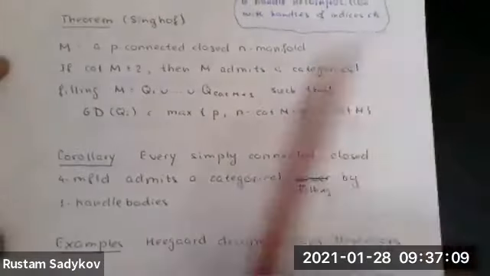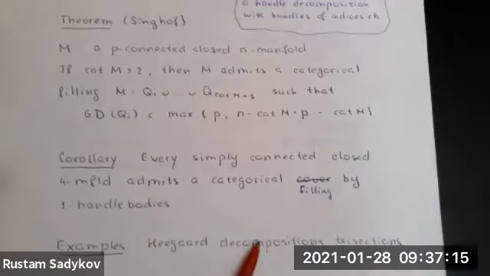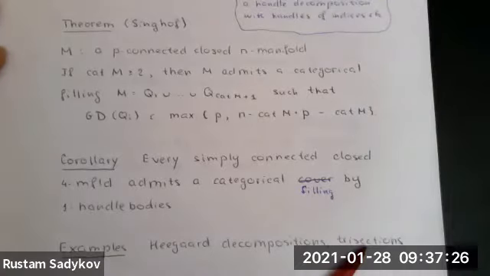In fact, fillings by one-handle bodies are quite important, and I will discuss them later. These include examples of Heegaard decompositions of 3-manifolds. So you take a 3-dimensional manifold and split it into one-handle bodies. And in the 4-dimensional case, we have trisections, which were not so long ago discovered by Gay and Kirby.